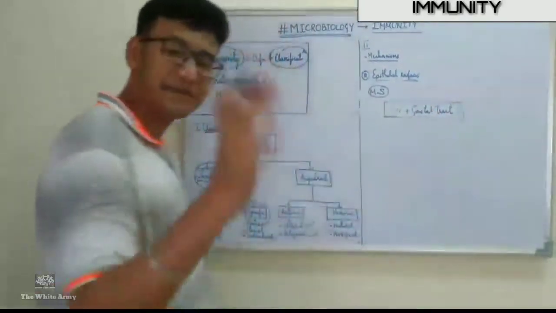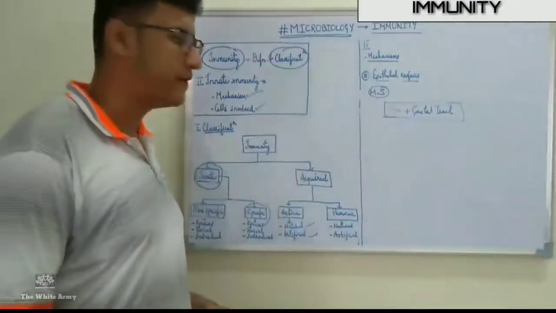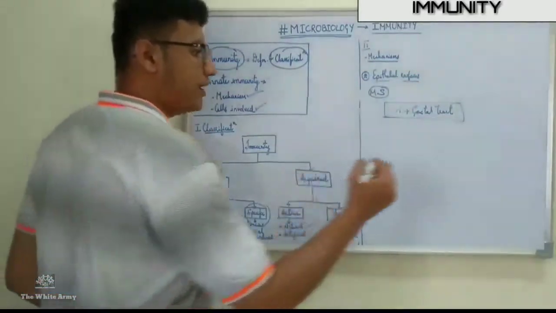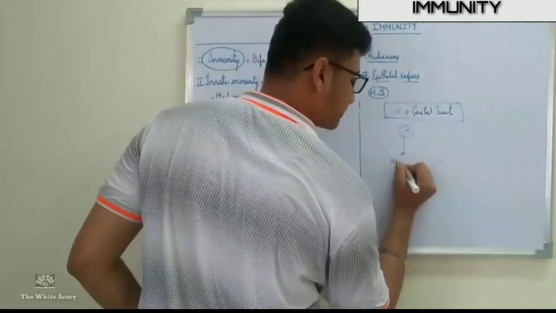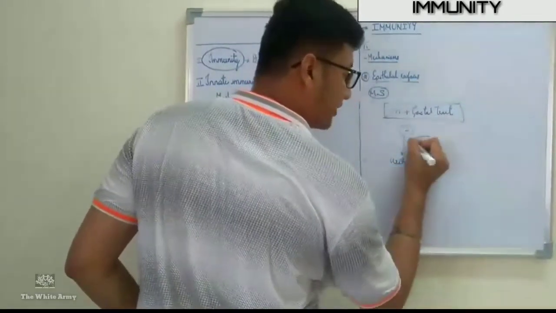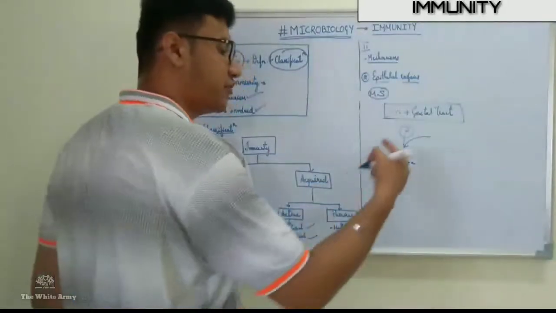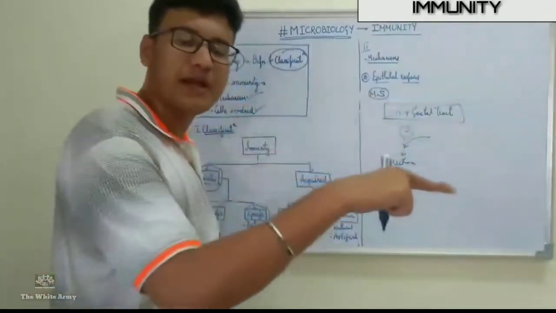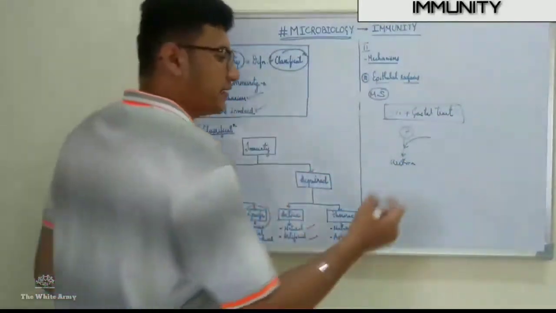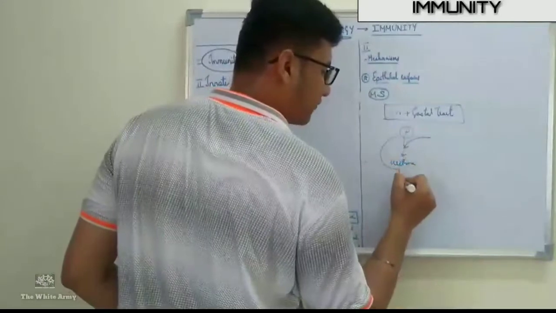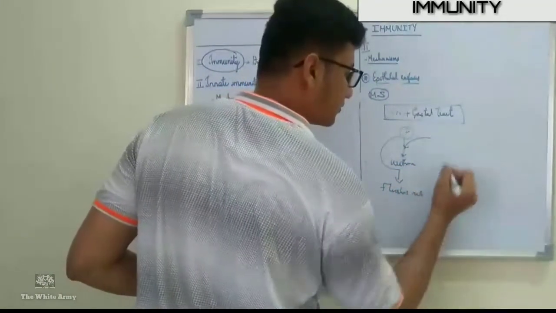The basic, simple defense mechanism is when a pathogen enters the urethra, the flushing of urine. When a person micturates, there will be a flow of urine inside the urethra. Naturally, this takes away the pathogen and flushes it out of the body. This is the natural mechanism.